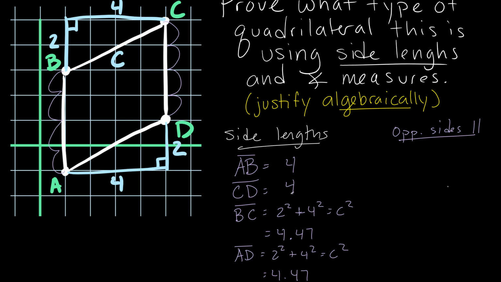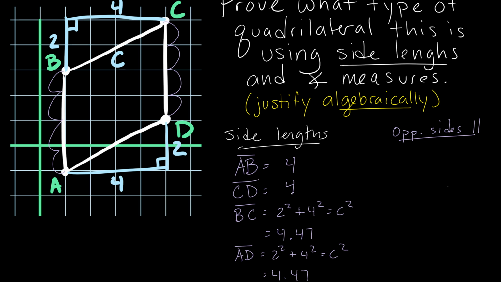Supplementary, because they're same side interior, right? And B and C are what type of angle pair? Supplementary, right? And therefore, if A is supplementary to D and B is supplementary to C, B has to be congruent to D, proving that yes, opposite angles are congruent and consecutive angles are supplementary. So it's just a roundabout way of proving the angles are congruent and supplementary.